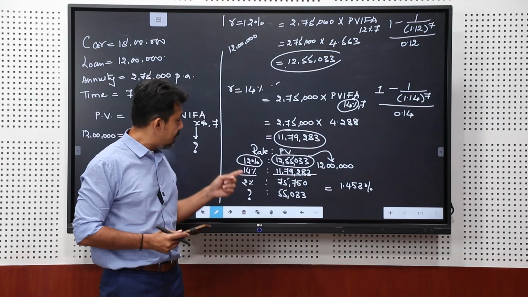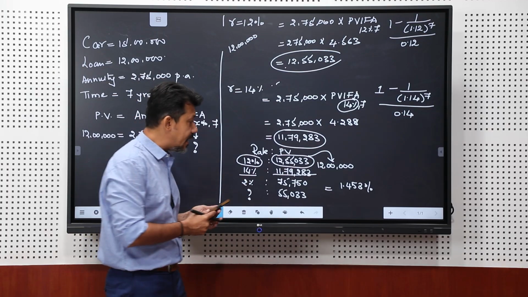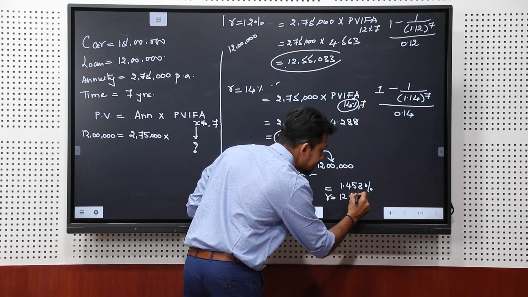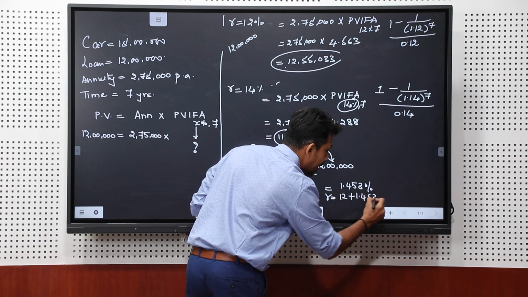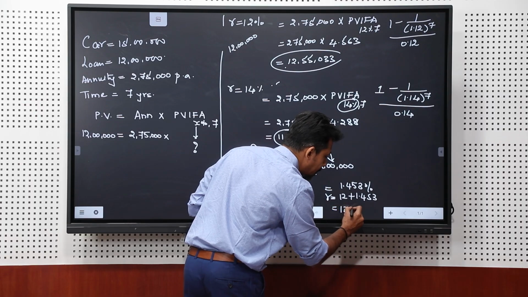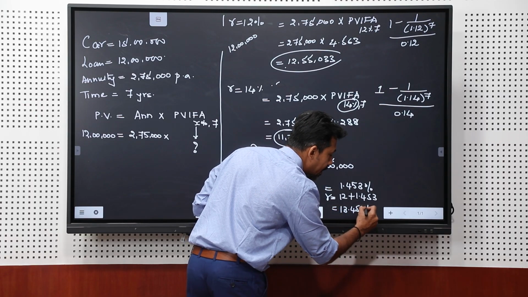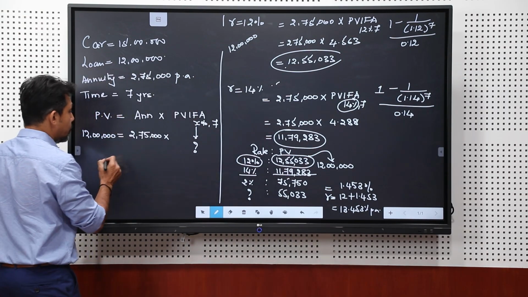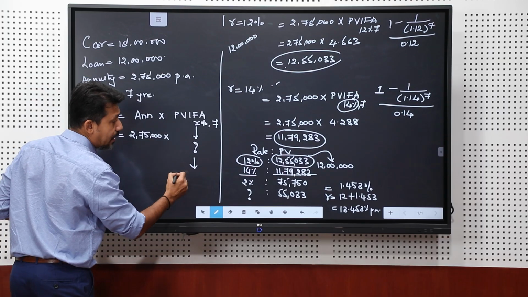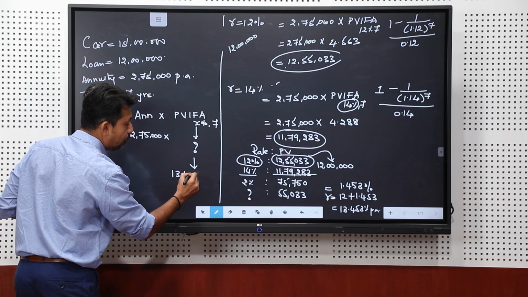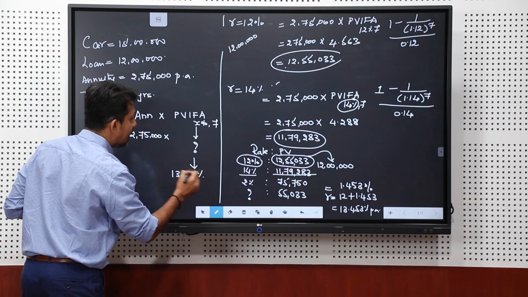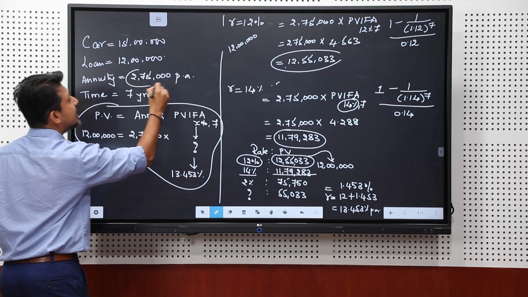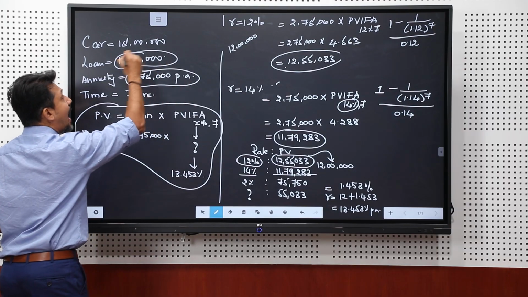Obviously I add, because your answer lies between 12 and 14. So your R is going to be 12 plus 1.453. Basically R is 13.453% per annum. So the bank is offering you a rate of 13.453%. That's the rate that the bank is offering when it gives you an EMI of 275 and a loan of 12 lakhs.